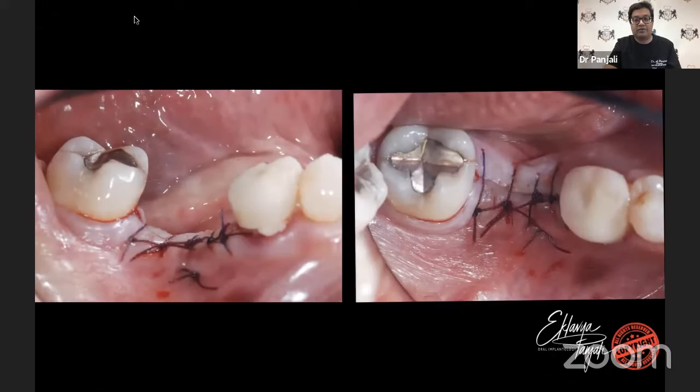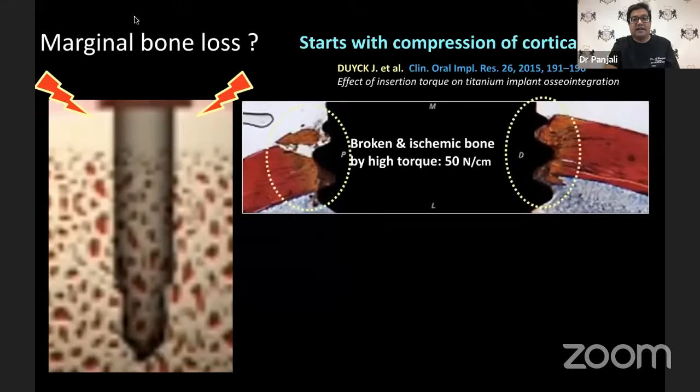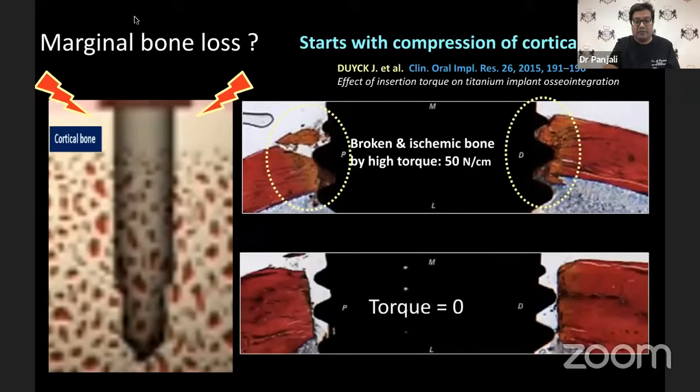Here we have sutured it atraumatically. You can see the horizontal mattress suture right over the implant. And then we have done the other. So this is the literature: when you try to torque your implant and try to get the primary stability from the crestal bone at about 50 Newton centimeters of torque, you are going to fracture the bone.